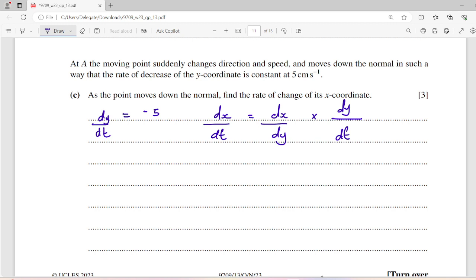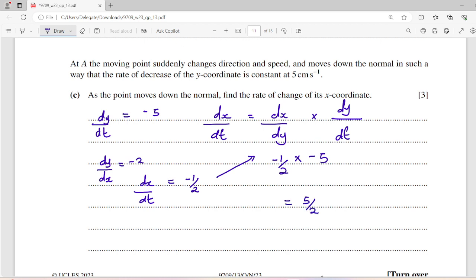In part 1, the dy/dx of the normal was -2, meaning the dx/dy is just you doing the reciprocal, which is -1/2. So I come here and I substitute -1/2 times -5 and get my answer as 5 out of 2.